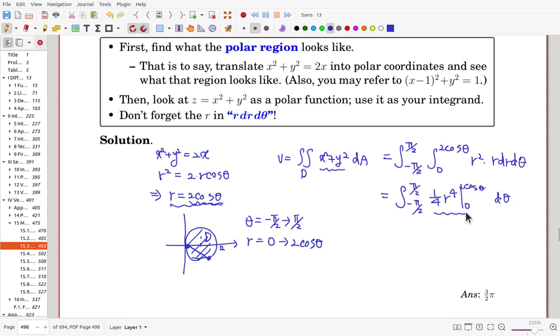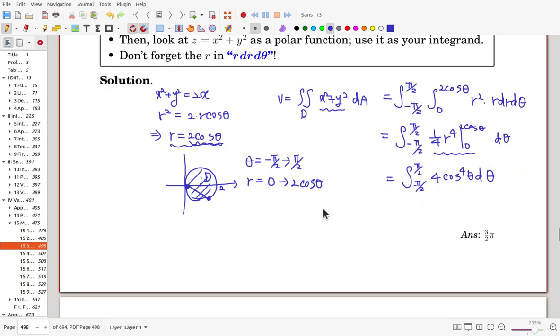Now 2 to the 4 is 16, so along with the 1 over 4 we have 4. So we have here 4 times the integral from minus pi over 2 to pi over 2 of cosine to the 4th power theta d theta. We have to evaluate this one.